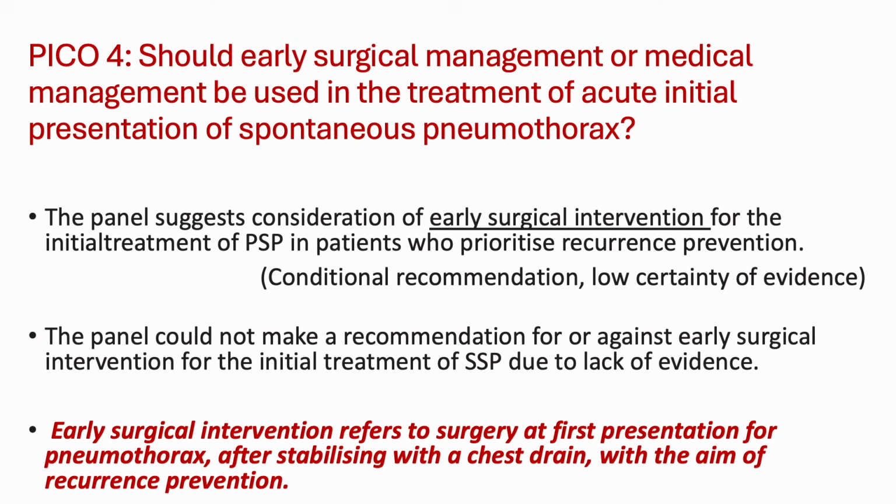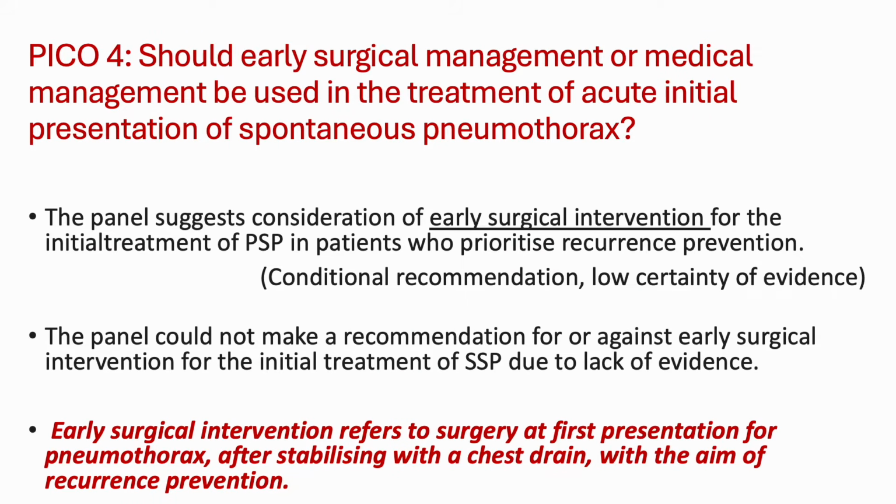PICO 4 is whether early surgical management or medical management should be used in an acute initial presentation, and they conditionally recommend that you should use early surgical intervention in those where you want to prioritize recurrence prevention. So, early surgical intervention means at the first presentation of pneumothorax you send them for surgery after you stabilize them with a chest drain, right?